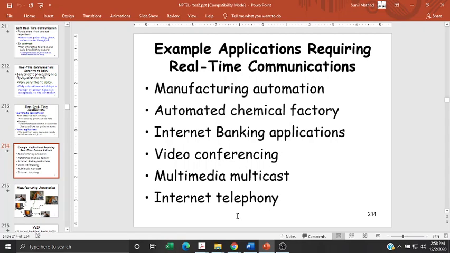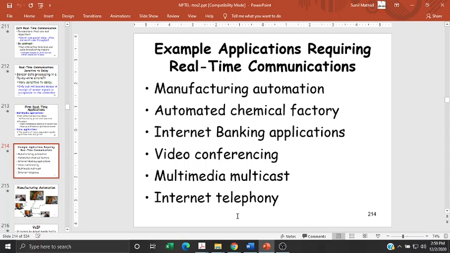Whenever I quantify the time, if you work in that industry, you can quote more realistic timings, whether it's 10 seconds or 10 milliseconds. What is important is that there is a fixed time within which things should happen. Okay, so automation in a chemical factory is similar.